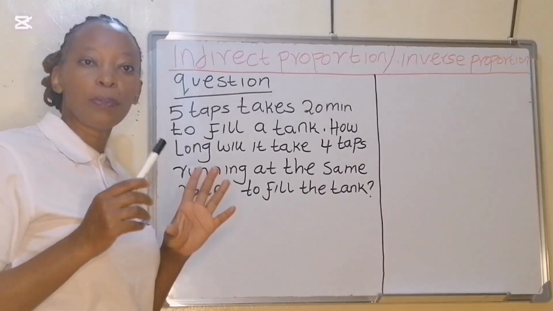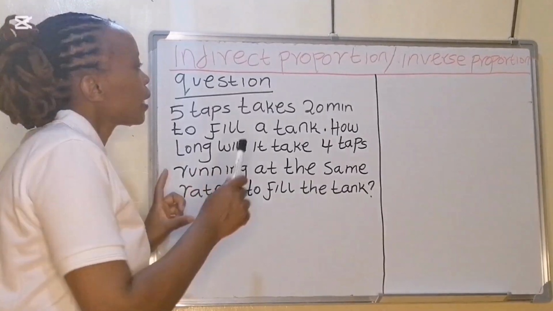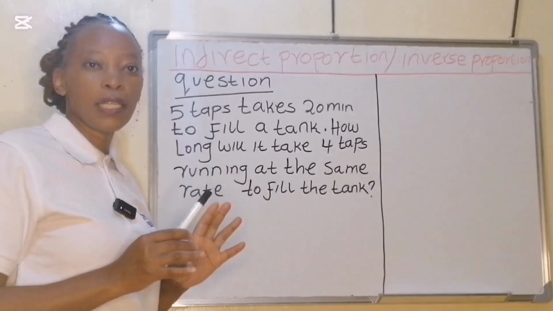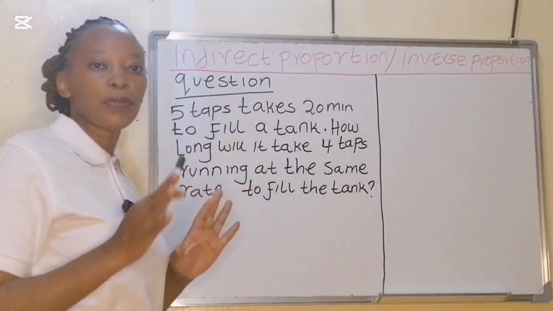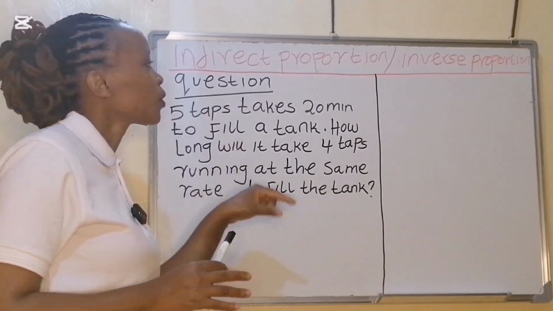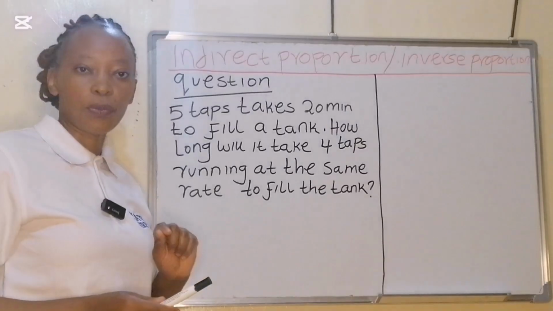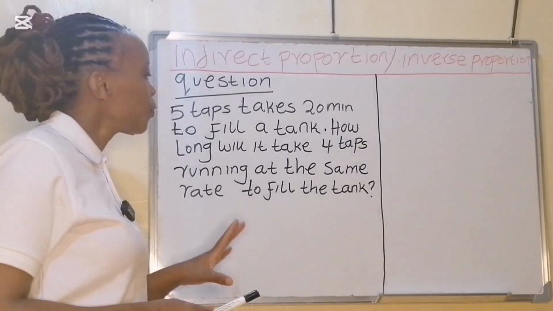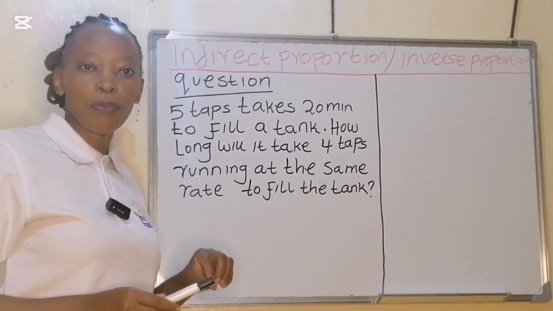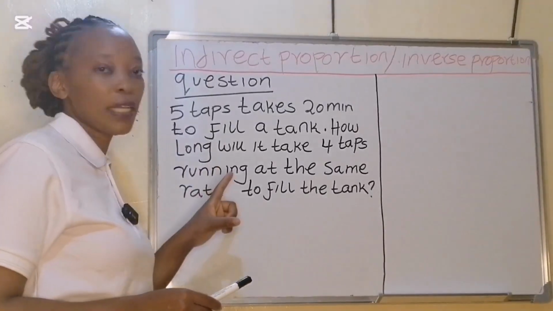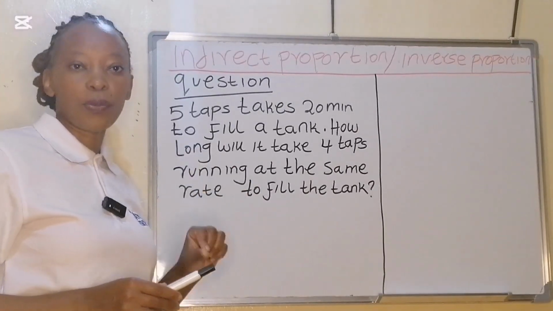So you go back to the book, look at the topic on proportion, and you will see a subtopic on indirect proportion, which is also known as inverse proportion. If you fail such a question, you must go back to your books on this topic and deeply understand it.